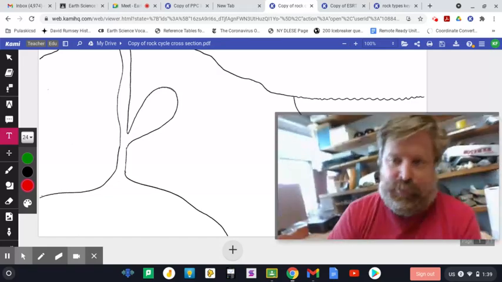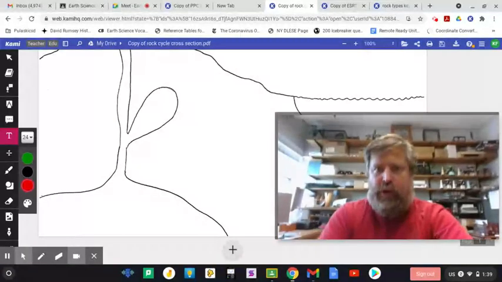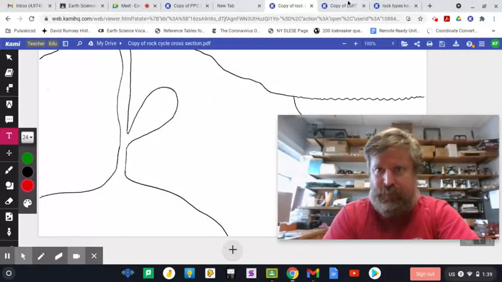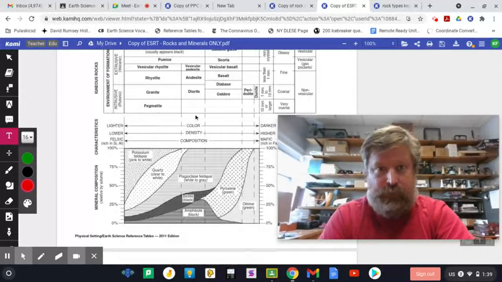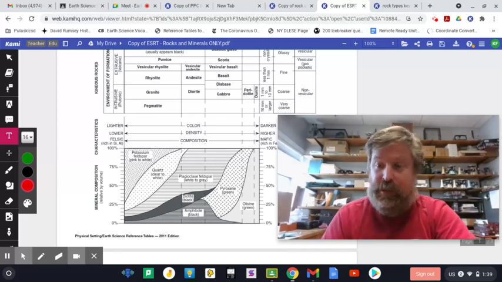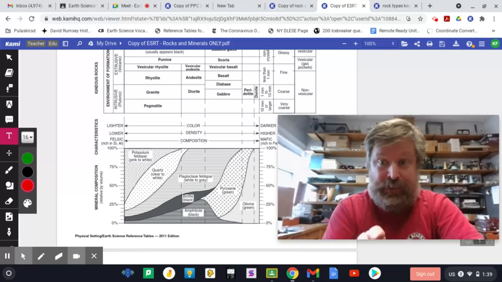So let's think about what we've got to do. When we look at these rocks, we're going to have three basic types, all available. The cool thing about this unit, the part that maybe makes it easy, is all of the information is on the reference tables. This is like an everyday use-your-table unit. If you learn to use these tables and go through the lessons intently, it will be easier.